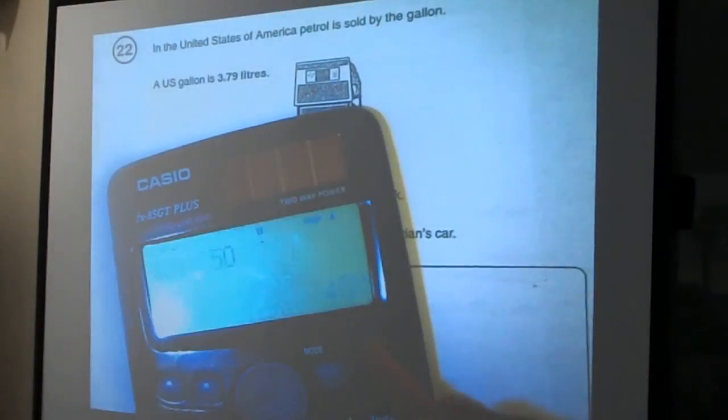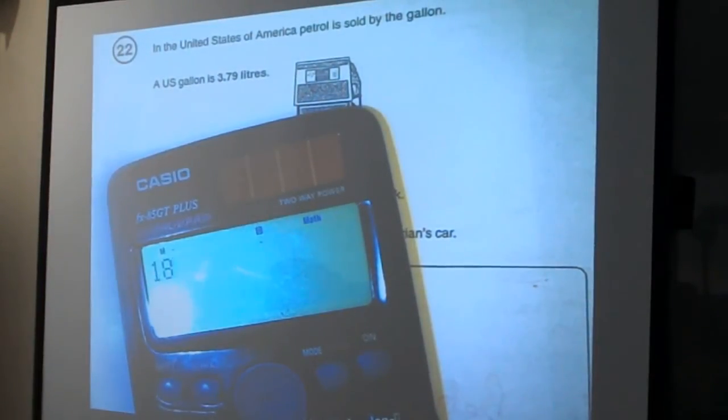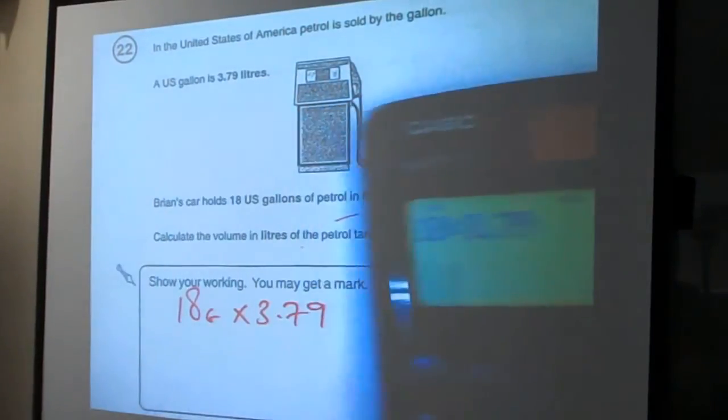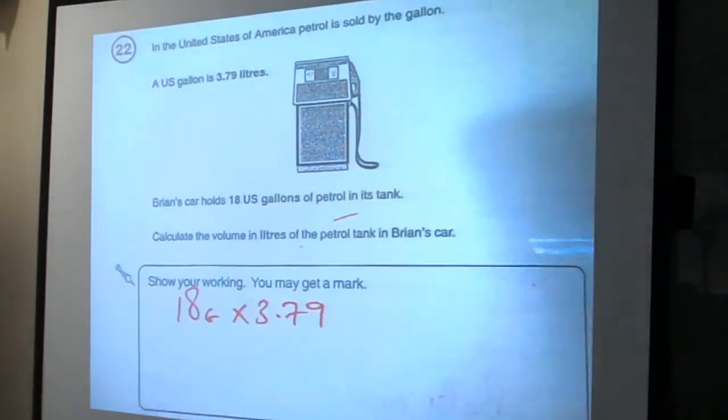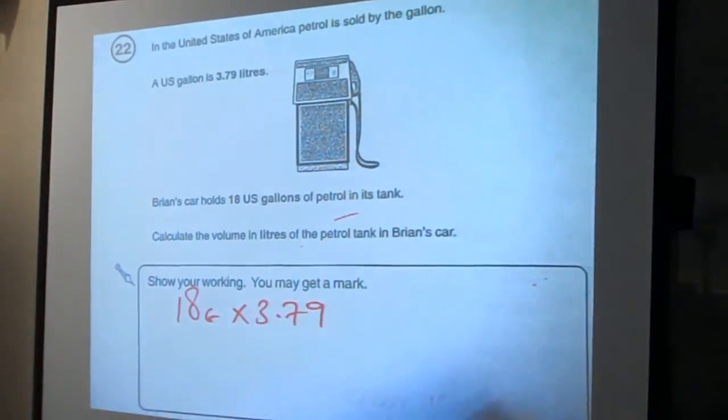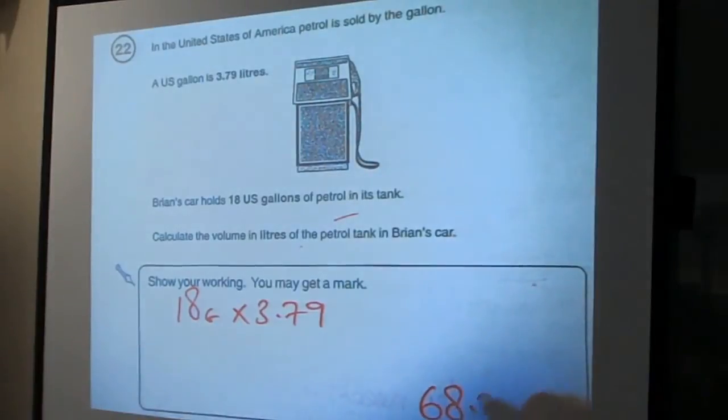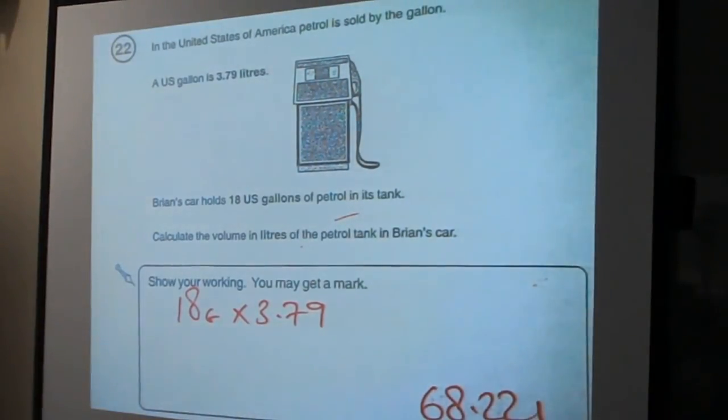So if you want to work that out, what do we do? 18 times by 3.79. A job for the calculator. Change it back to decimal. So the liters is 68.22. So you write all of the answer down. So 68.22 liters is the total volume of his tank.